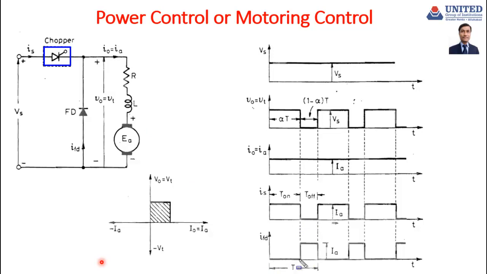This is the freewheeling diode current. When the chopper is turned on, no current flows through the freewheeling diode, and when the chopper is not conducting, the freewheeling diode will conduct. Here we see the freewheeling diode current during the turn off period.